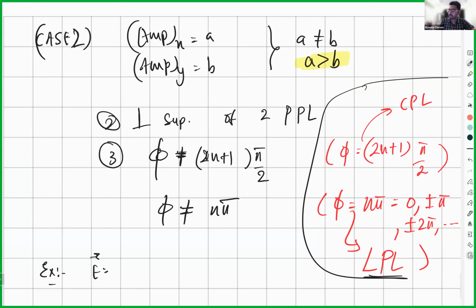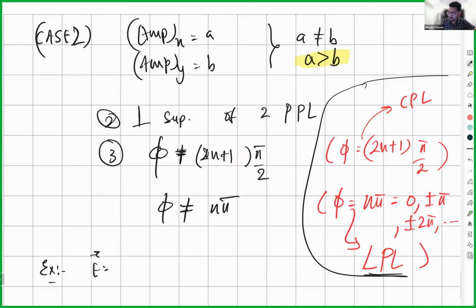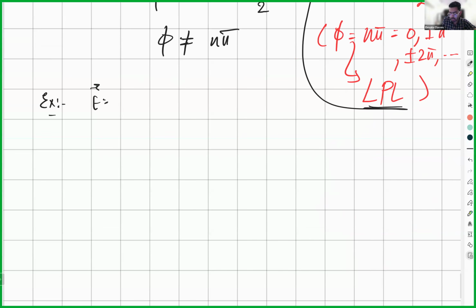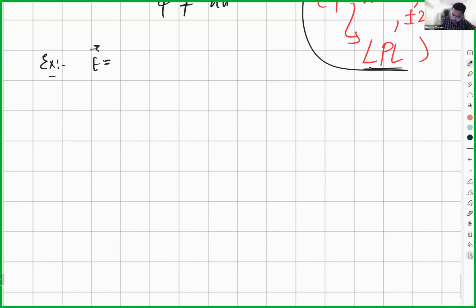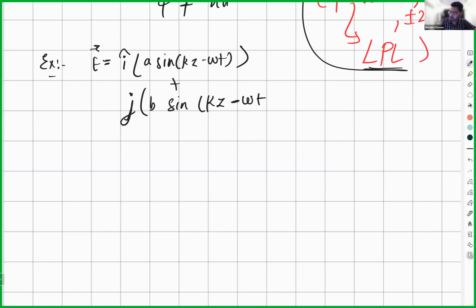So to specify this condition is actually important. You could also have b greater than a, but then you have to stick with this condition. So I can have electric field as i cap a sine kz minus omega t plus j cap b sine kz minus omega t plus phi.